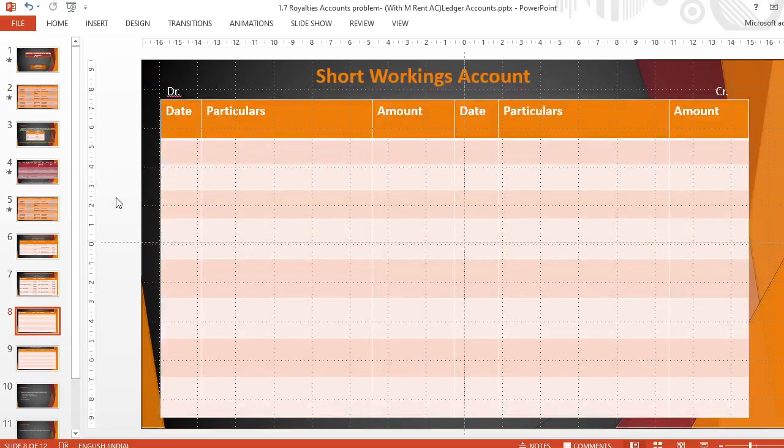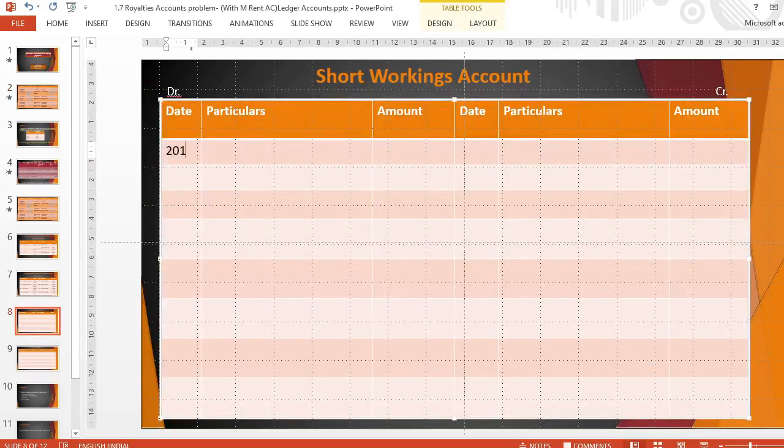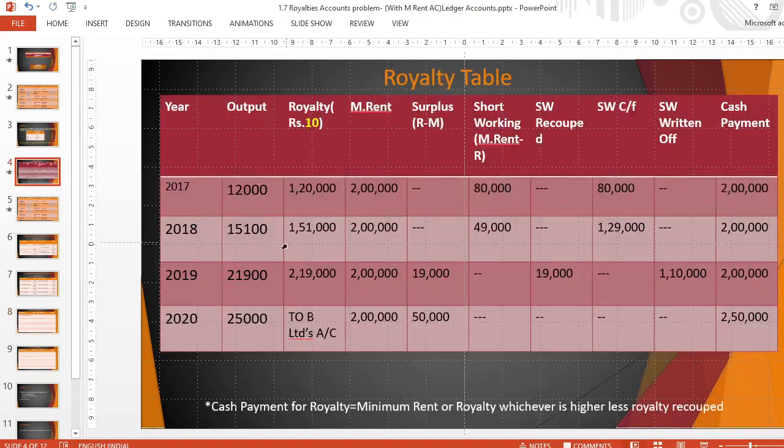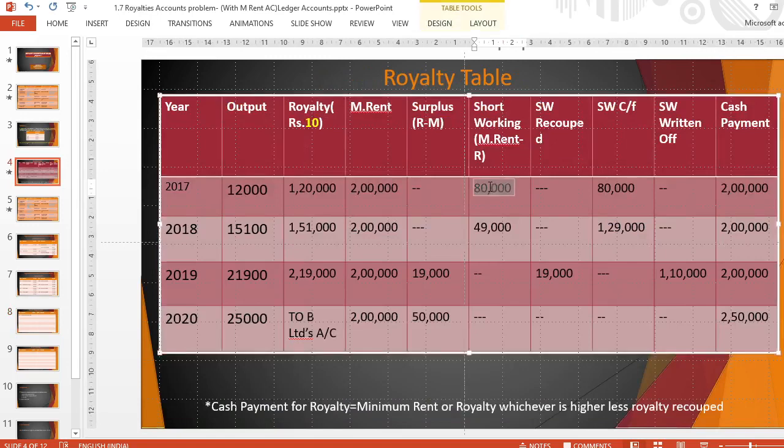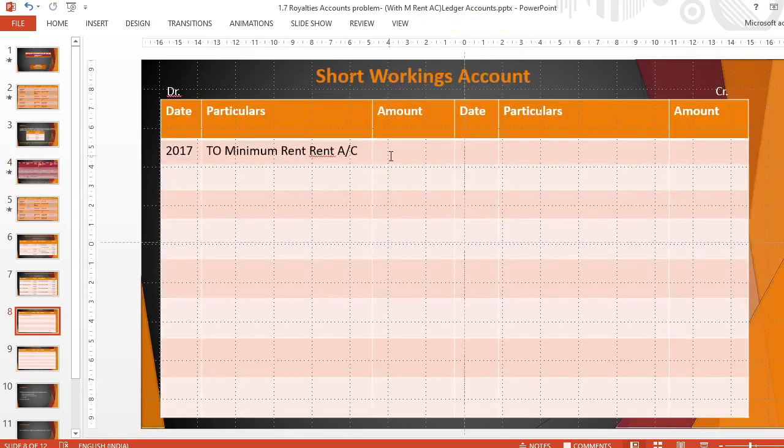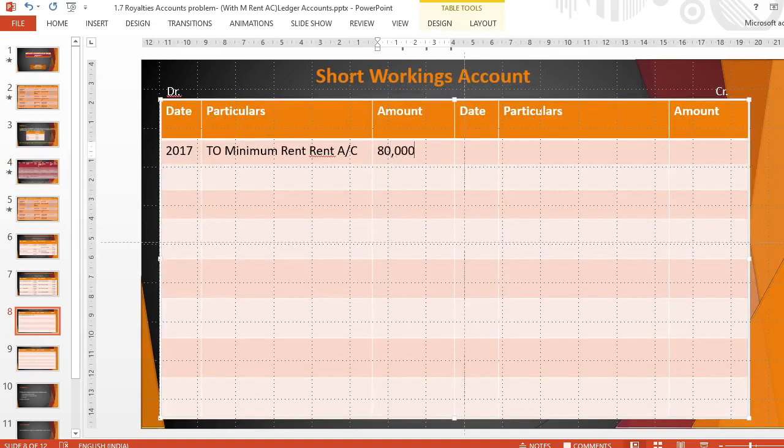The journal entry is short workings account debit to minimum rent account, for the fresh short working. Here I'll check what the short working is for the first year. For the first year short working is 80,000, so I'll transfer this 80,000 rupees.